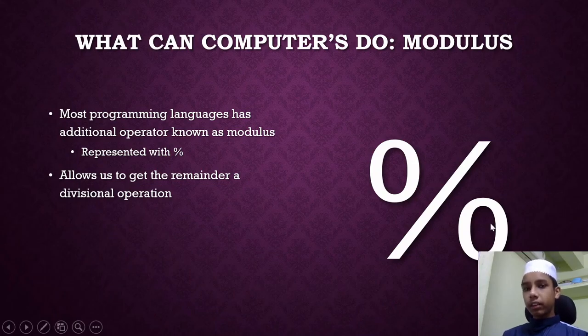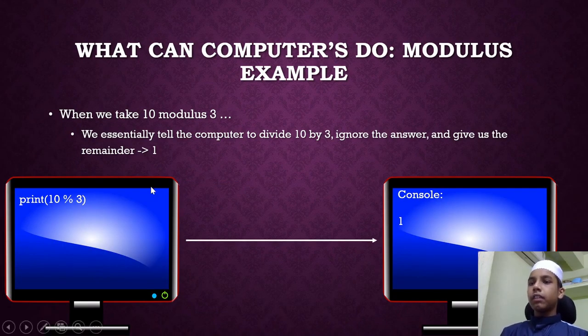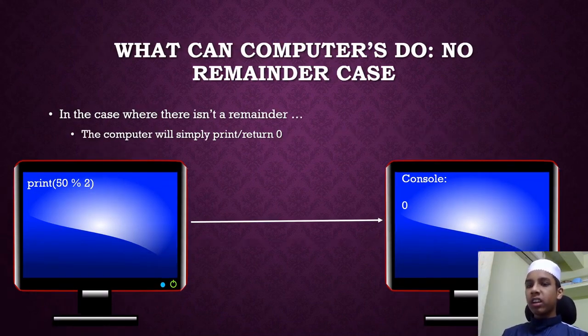Like this, if we give here print in Python 10 modulus 3, it's known as modulus, it finds the remainder, and in the console it shows 1. But if we give here 50 modulus 2, it's zero, then the computer will simply print 0.